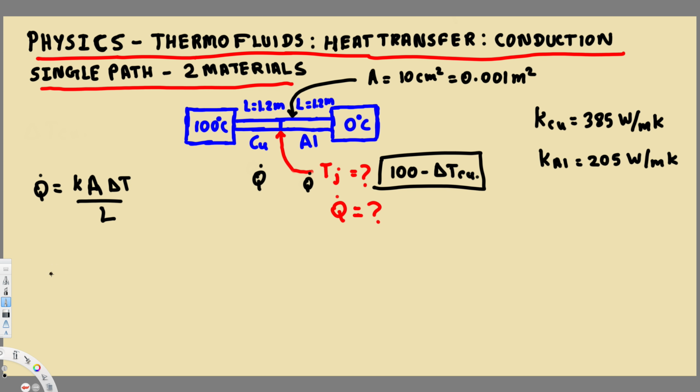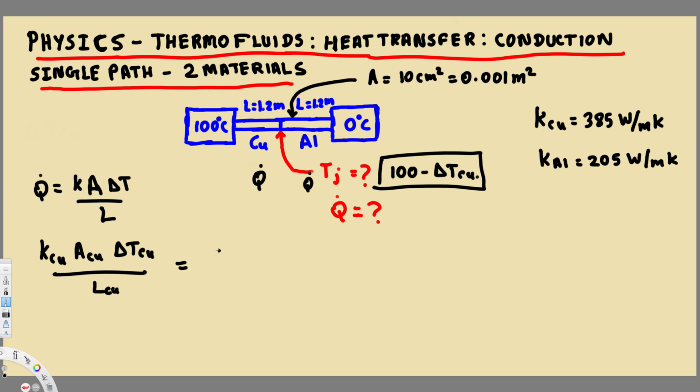Now let's create the equation. We have this copper, so first we have copper. K copper times area, the same, A copper, times delta T. So first I take delta T for copper, so that's going to be delta T copper over L copper, right?